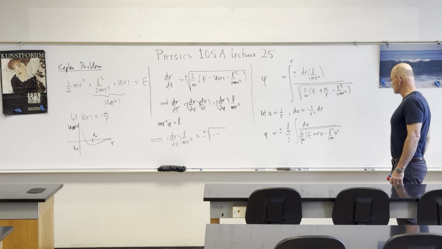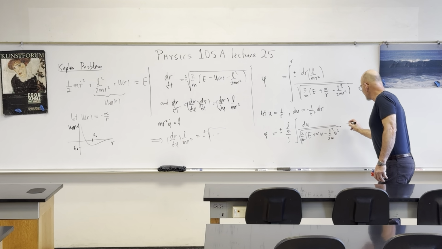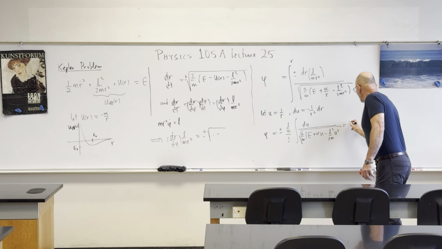So we're going to simplify a little bit more. We've got plus or minus the integral du. I'm just going to invert this and multiply in.